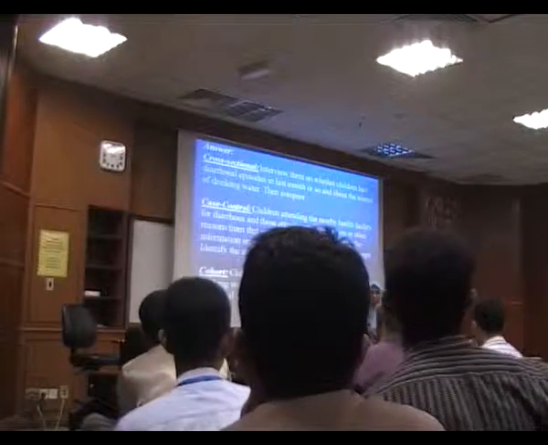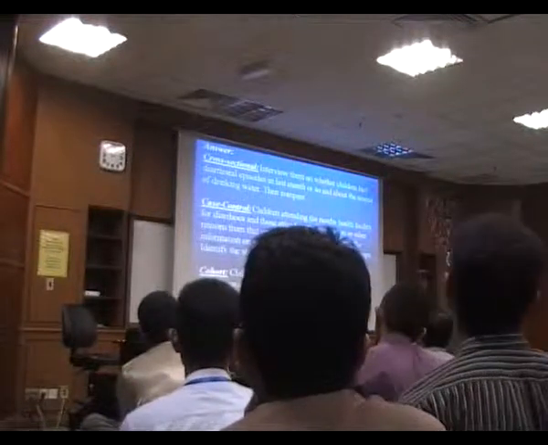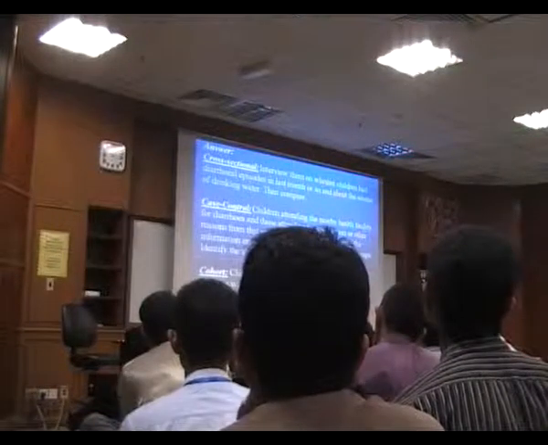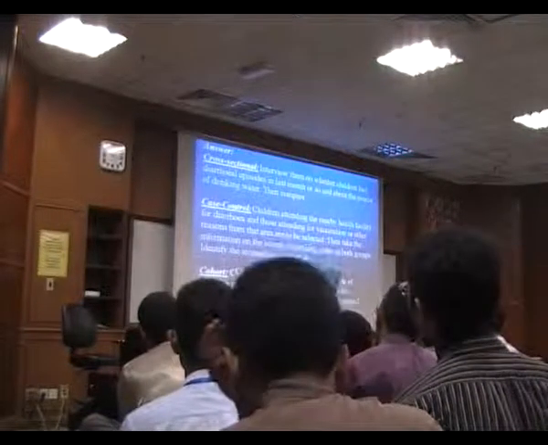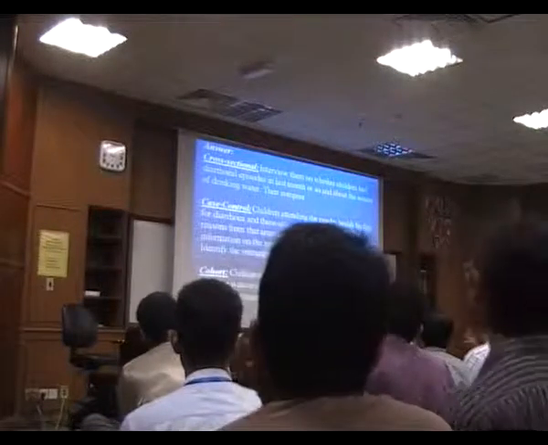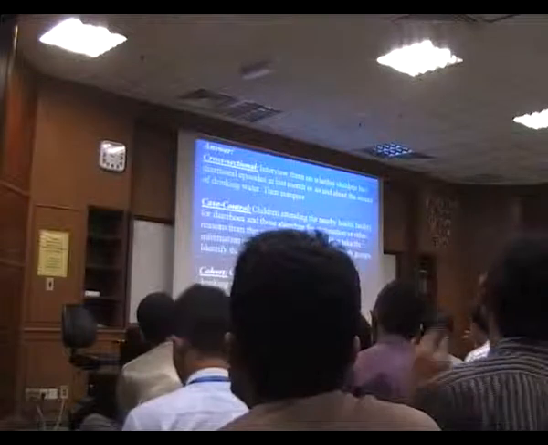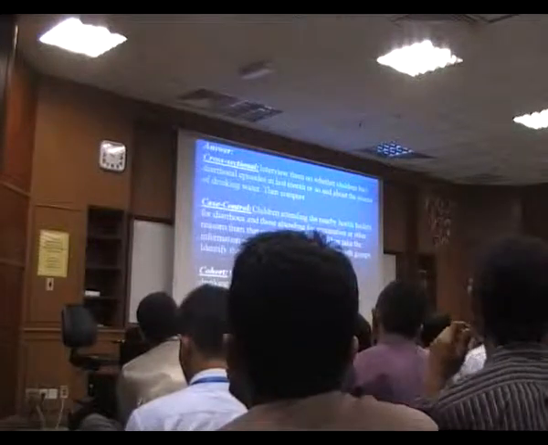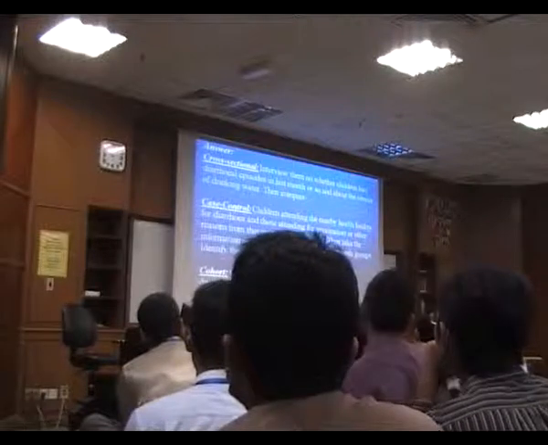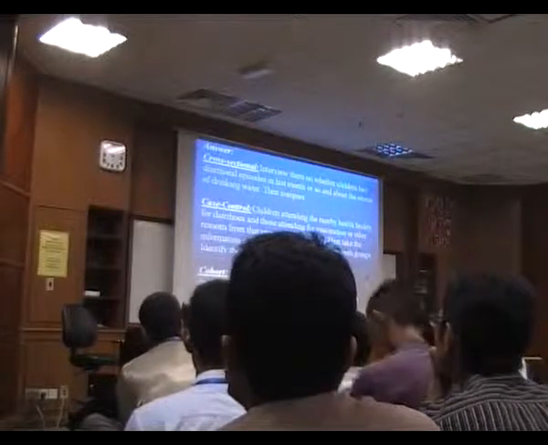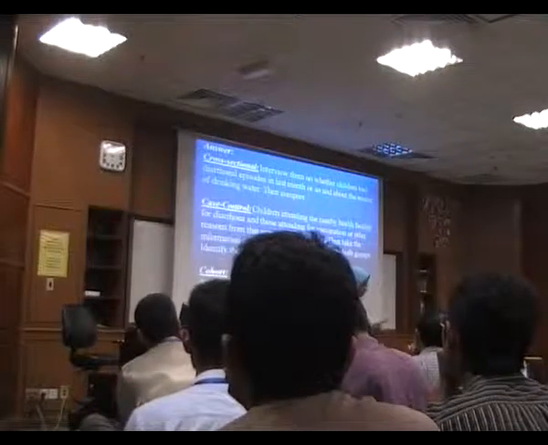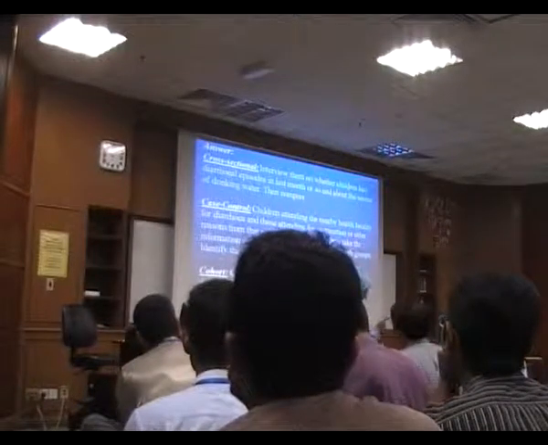And you can also consider case control because the diarrheal status is known. You know who is suffering from diarrhea. How can you select the cases? Those who suffer from diarrhea go to the nearby hospital, isn't it? So children attending the nearby health facility for diarrhea are the cases, and controls should be children without diarrhea.